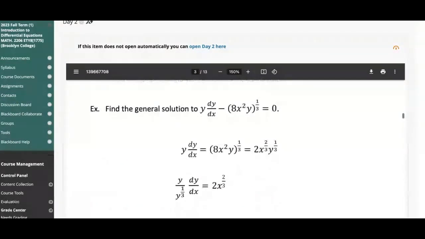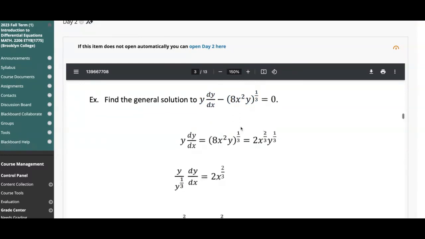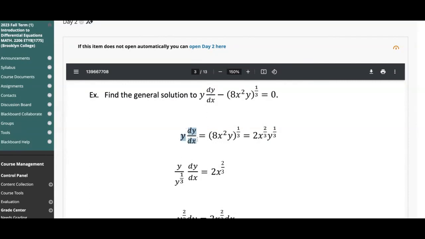Okay, let's see this example. So we have y dy over dx minus this term equals 0, so we move this term to the other side. We have y dy equals the positive term of this.